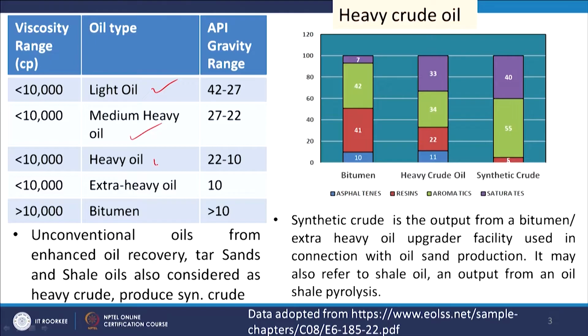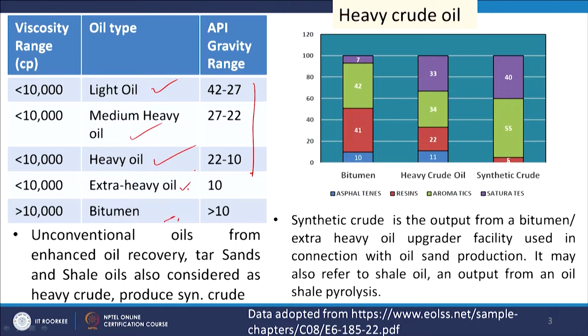Now, what is heavy crude oil? Already we have discussed in our previous class that when the API gravity is lower, then the crude oil becomes more heavier, and some examples were light oil, medium heavy oil, heavy oil. These we have seen in the previous classes, and extra heavy oil and bitumen are also considered as heavy crude, that is bitumen can give us synthetic crude and extra heavy oil is also heavy crude.